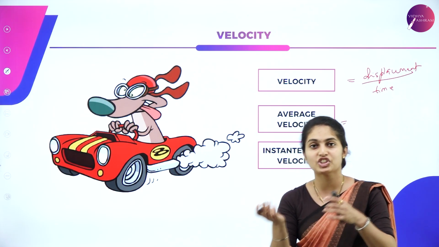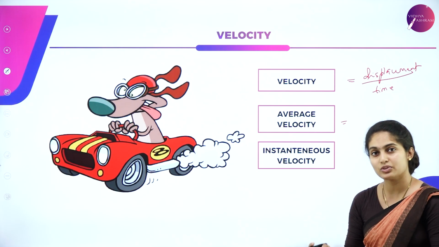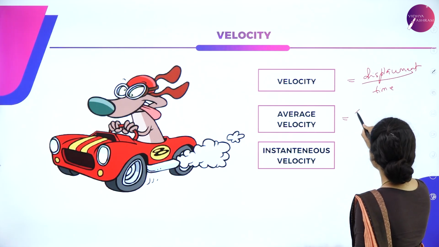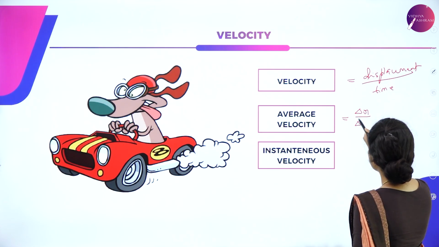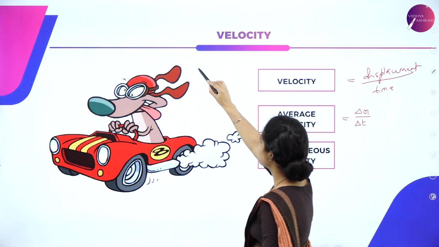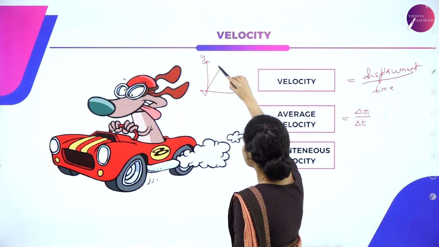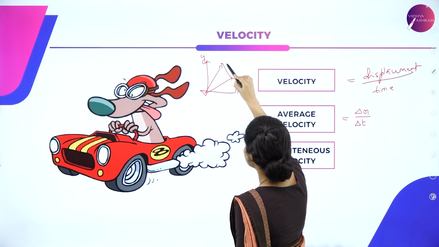We can take delta r by delta t, which is the displacement between two points, suppose on the x-axis, y-axis.